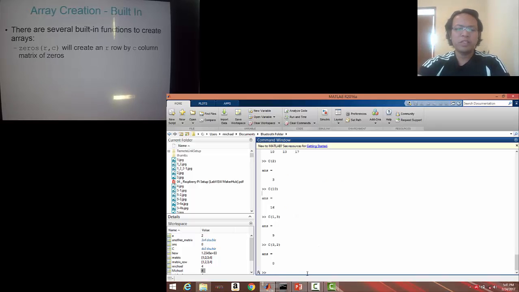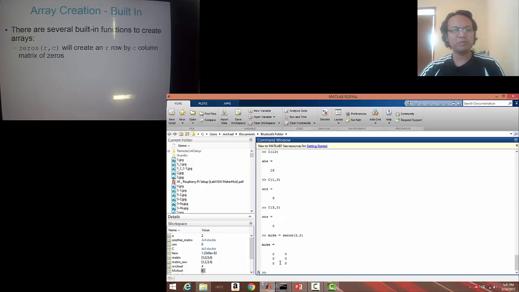Okay, so for example, if you say I want to say Mike is equal to zeros, and then say 3, 2, for instance. So the answer here, when we hit enter, Mike will be a 3 by 2 matrix wherein the values are just simply zeros. Okay, 3 by 2 matrix. That's what I'm saying.